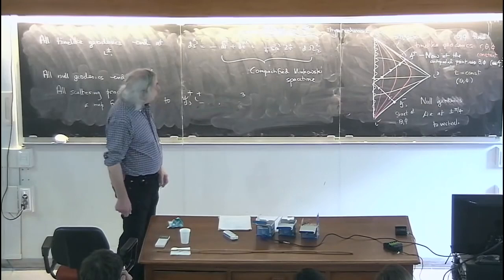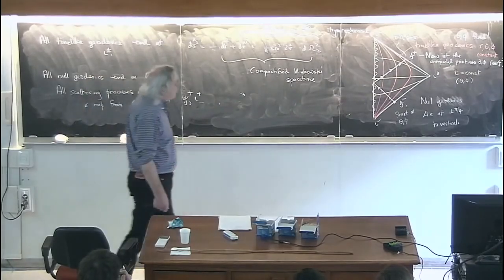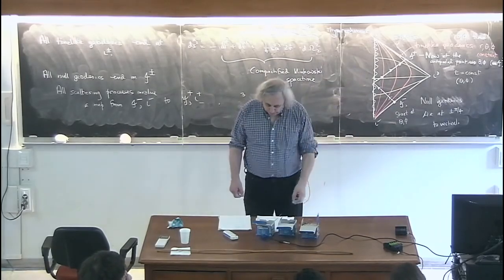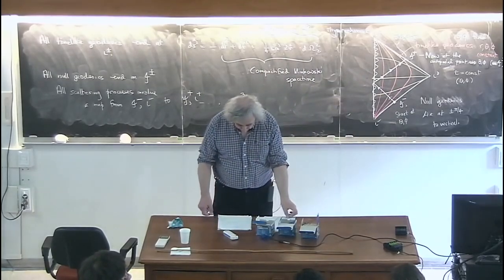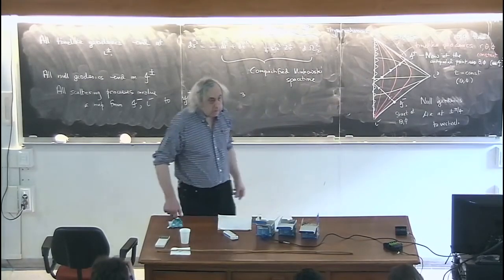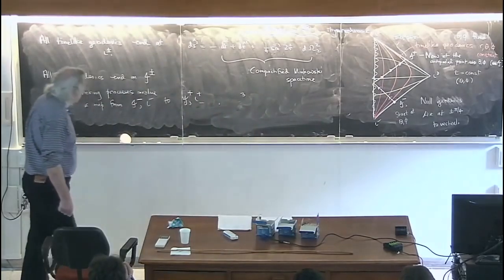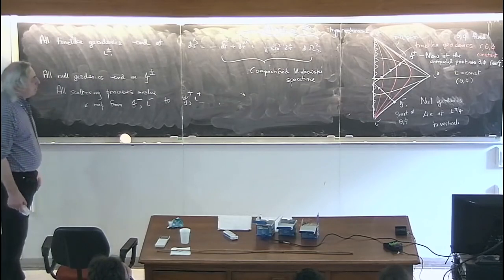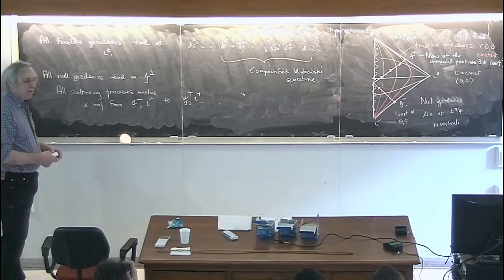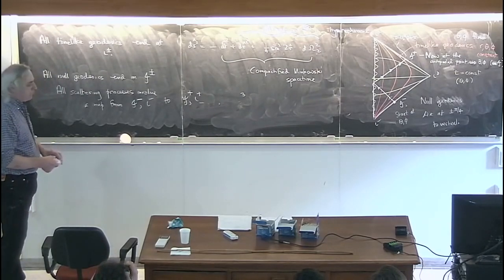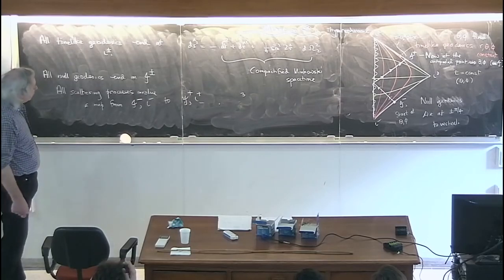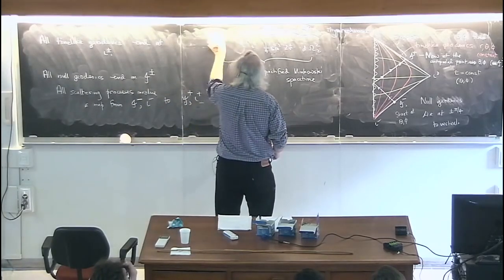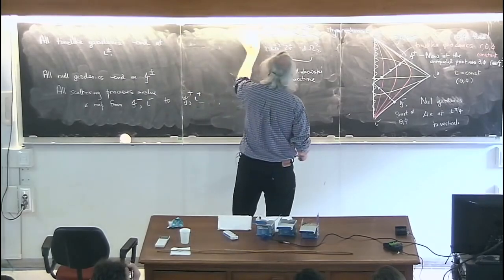So I will always draw the Penrose diagrams of Minkowski space this way. Sometimes people draw them as a whole diamond, but I'm not going to do that. Typically one thinks of Minkowski space as not being involved in any kind of horizons, but that isn't really true. Let's consider the following.